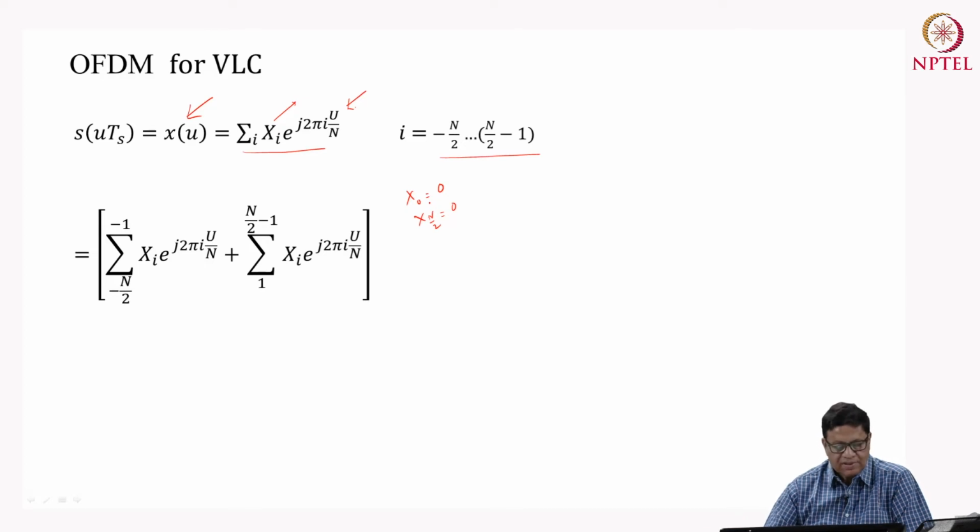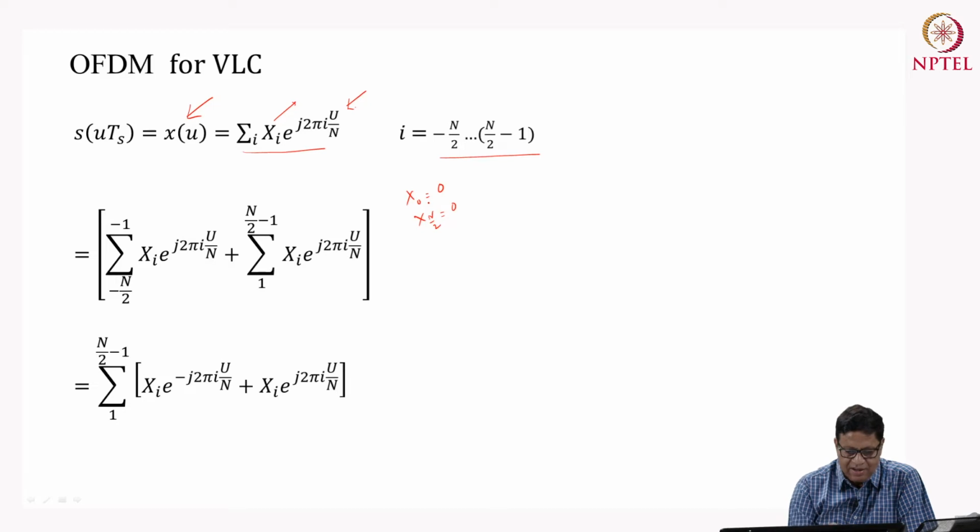And because of this Hermitian symmetry, using Hermitian symmetry, this can be written as summation from 1 to n by 2 minus 1 of xi. This is the Hermitian symmetry. That is why you see the negative here, e raised to minus j 2 pi i u by n.